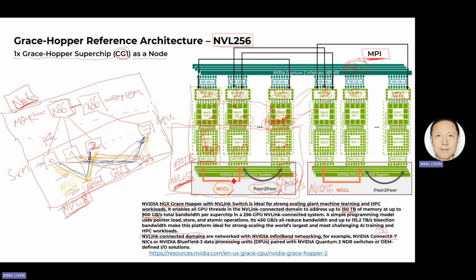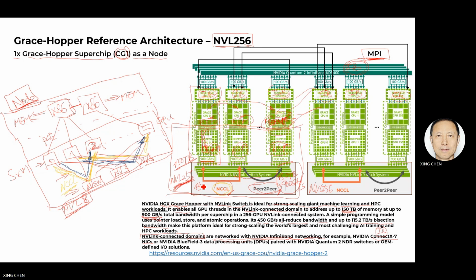This communication network has 450 gigabytes per second as the all-reduce bandwidth and 115.2 terabytes bisectional bandwidth.